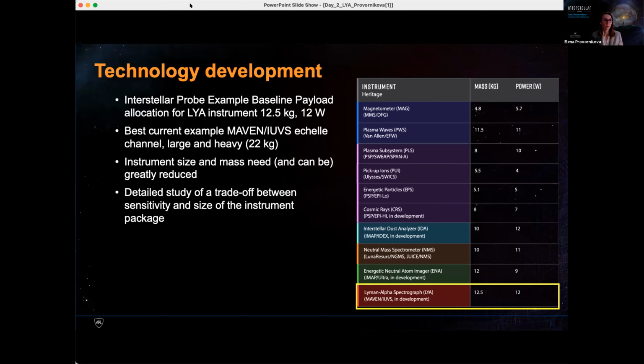There is also a need for a detailed study of the trade-off between sensitivity and size of the instrument package. And our colleagues at Boston University and in France at LATMOS are planning to do this technology development.